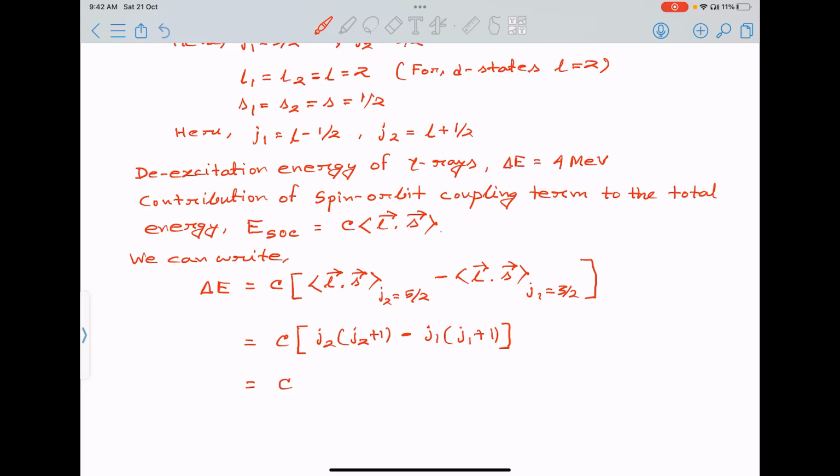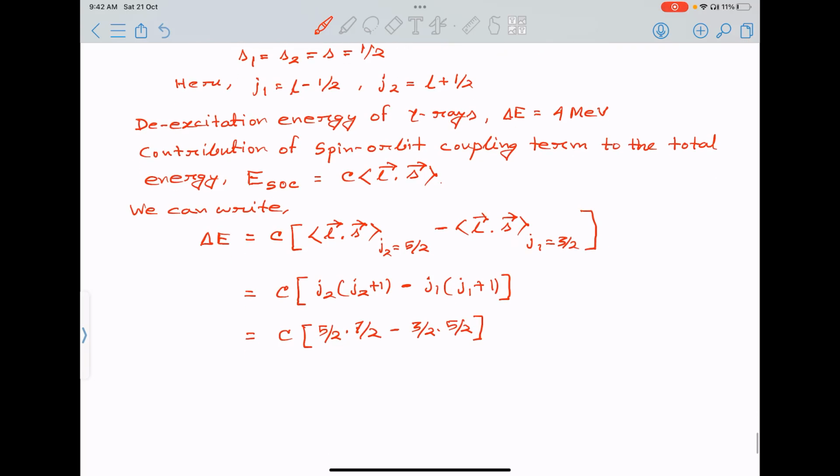So this will give me C times 5/2 times 7/2 minus 3/2 times 5/2, which is C times 35/4 minus 15/4. So this is 20/4, which is 5, so this is 5C.